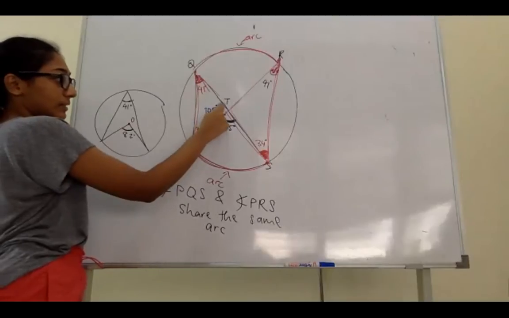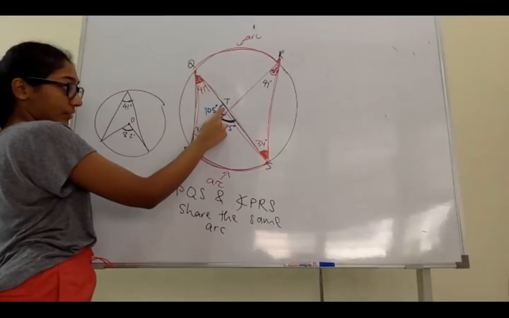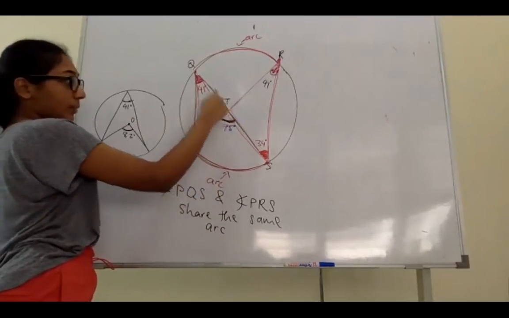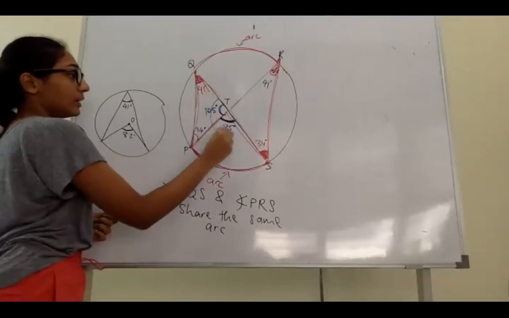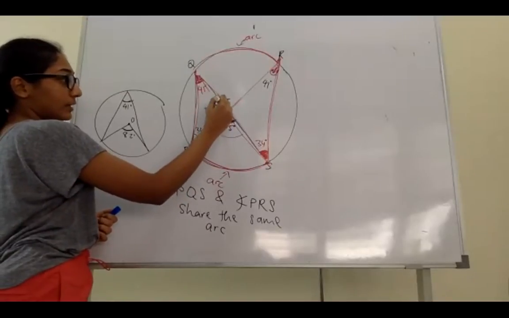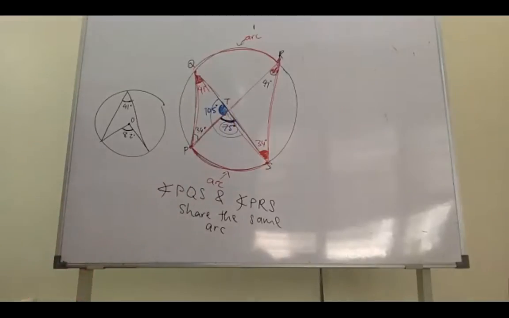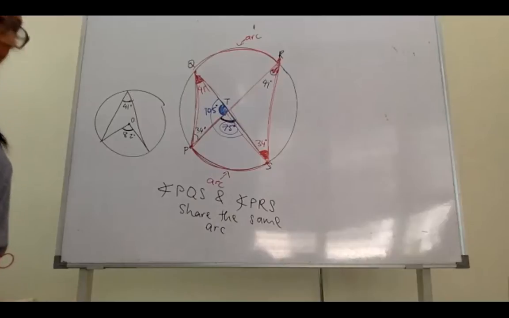So to get this part here, 180 minus 75, which is 105. But they want PTS, which is this angle. But we know this is a straight line, and for a straight line, the whole thing has to be 180. So if this is 105 already, then 180 minus 105 gives us 75. Can you understand? Understand, sir. Wait, sir, can I copy this down? Okay.